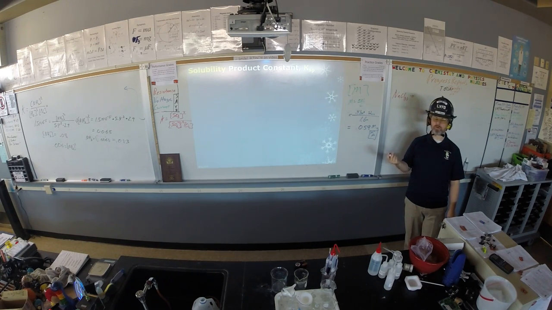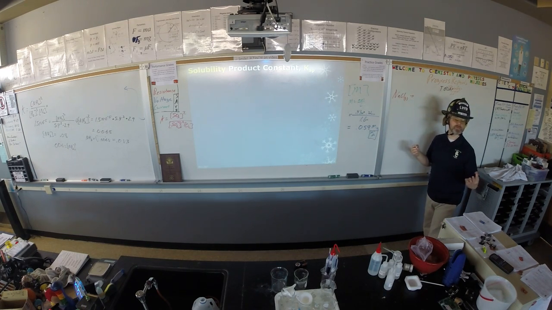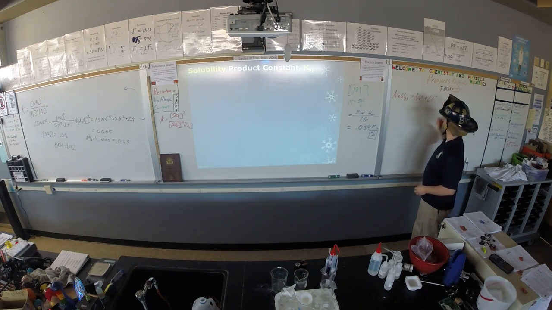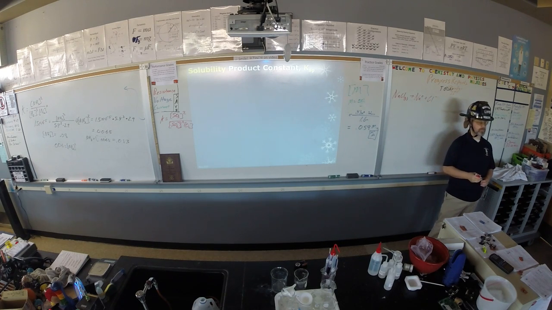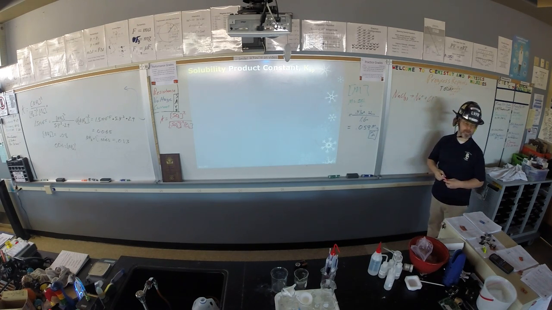It's going to dissolve. And it's going to dissolve into what two things? Sodium ion and chloride ion. So we're going to dissolve our sodium chloride into a sodium ion and a chloride ion.